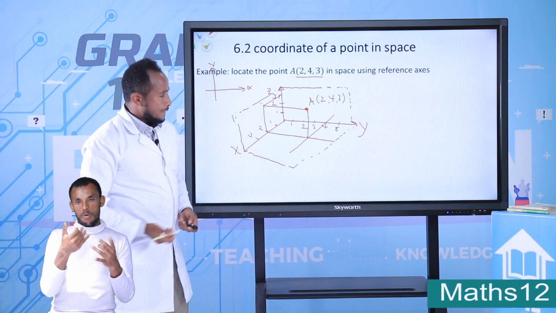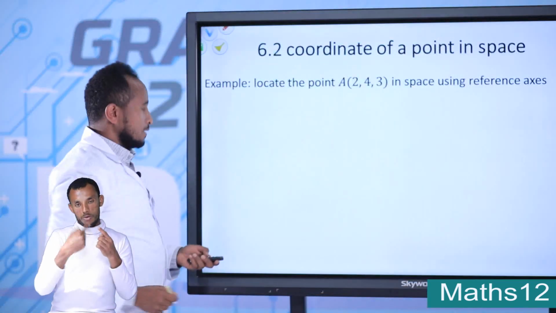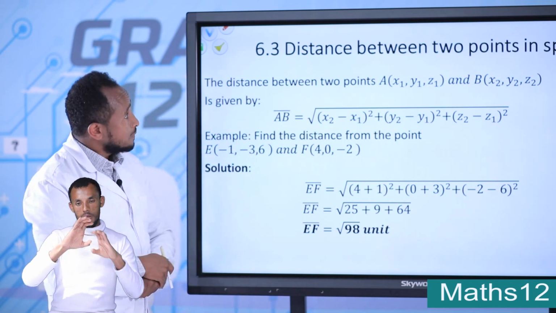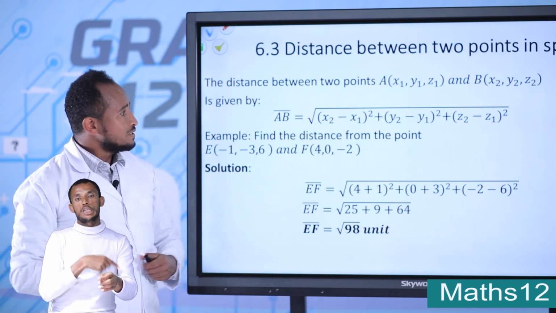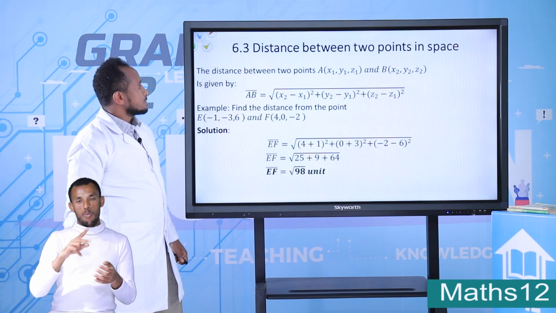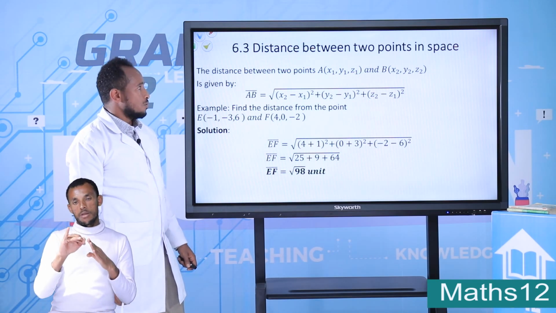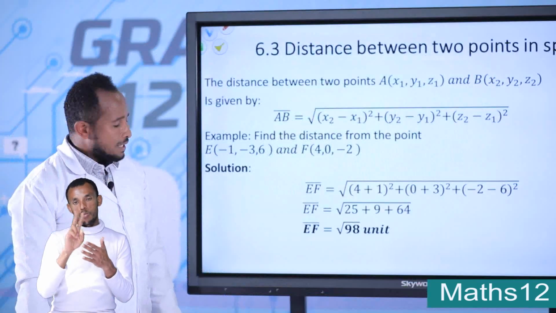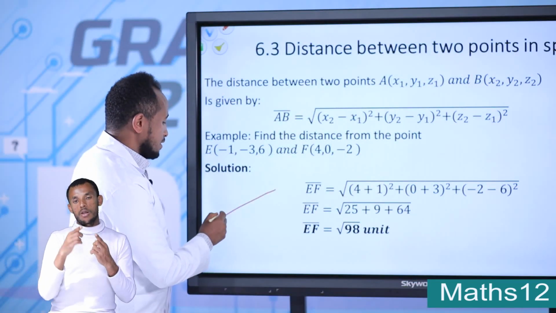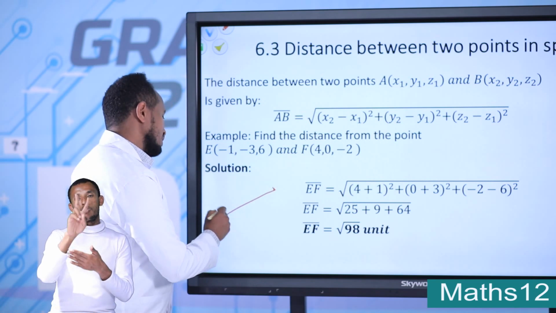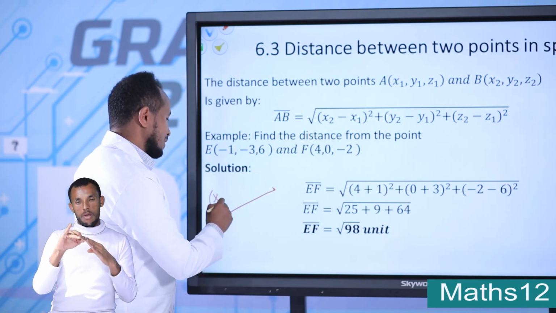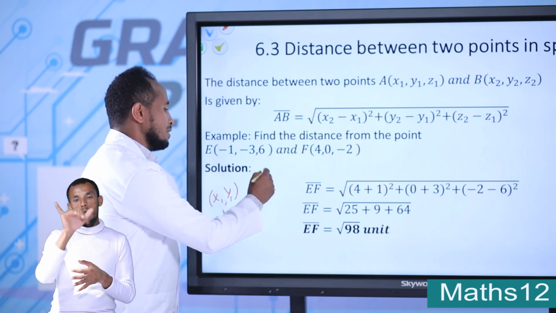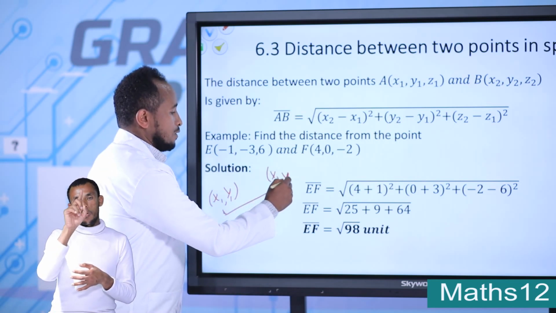Now let's proceed to the other part. The next section is the distance between 2 points in space. By the way, in lower grade, you have learned the distance between 2 points in a plane. In a plane, we have 2 coordinates only, x and y: x1, y1, and x2, y2.